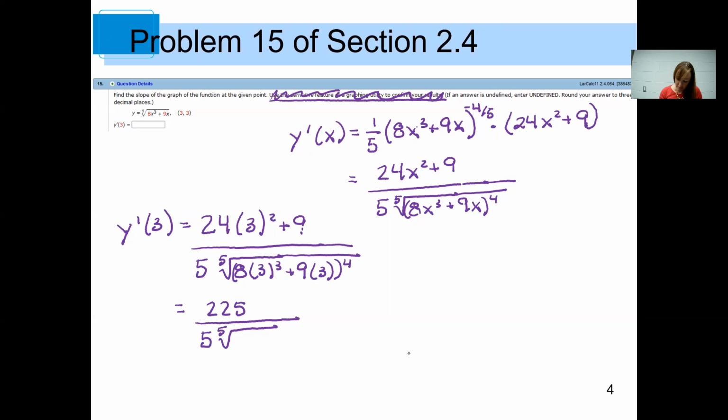After we apply that fifth root, like I said, I used the calculator, we have 5 and then times 81. So then 225 divided by 5, we have 45 over 81. Those have a common factor of 9, so we get 5/9 for our final answer.